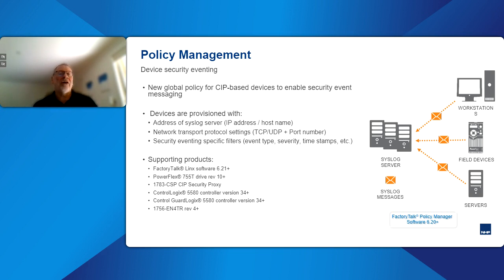FactoryTalk Policy Manager does not add audit log messages. The audit log messages have to be generated from the devices themselves. Whether the device actually has syslog capabilities depends on the device. In our space, basically everything we do has the syslog capability. I think everything that's compliant anyway has it.